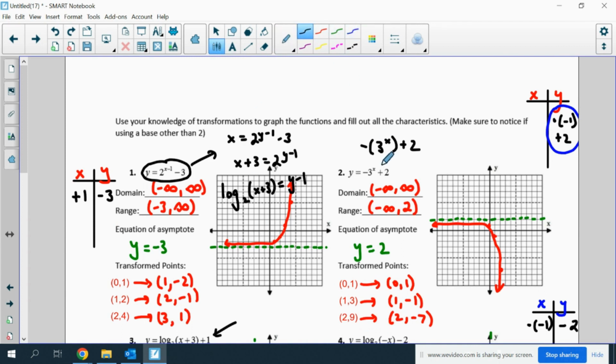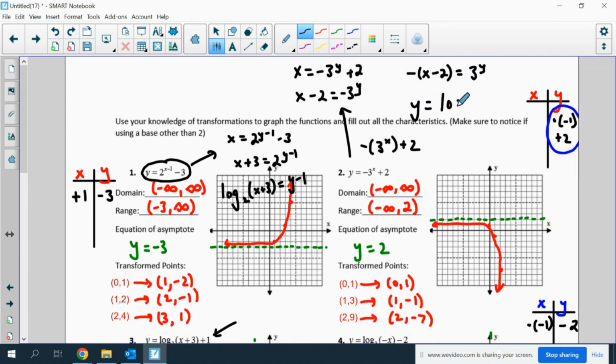And if you see how we would change the x and y and solve for y to try and get an inverse function for this one, I'd multiply that by negative 1, so I'd have negative x minus 2 or 2 minus x equals 3 to the y. So y would equal log base 3 of negative x minus 2. So all of the shifting and stretching and stuff would be on the inside of the function.